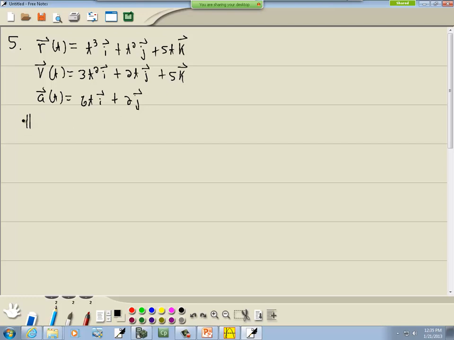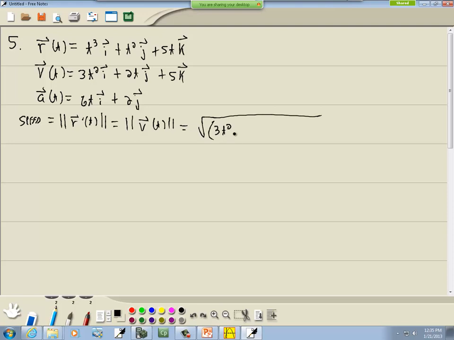Our speed is the magnitude of our first derivative, which is v. So I'll have the square root, and I'll square each component function.